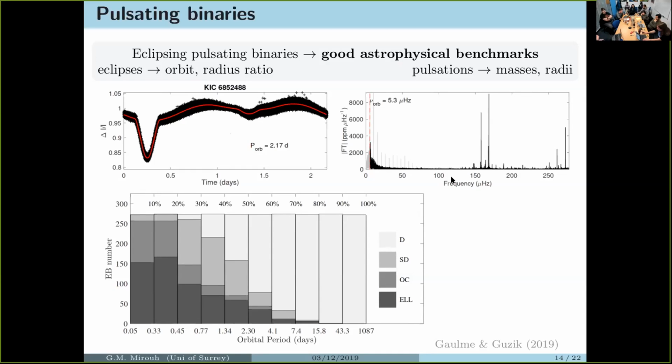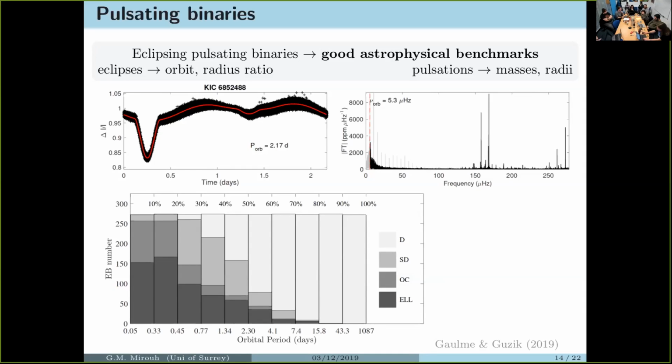You know that you're going to find harmonics of the orbital period, but you can remove them from what you know through the eclipse, and you're left with this spectrum here. The bottom plot here is the distribution in terms of orbital period and in terms of contactness in the binary for Kepler data.